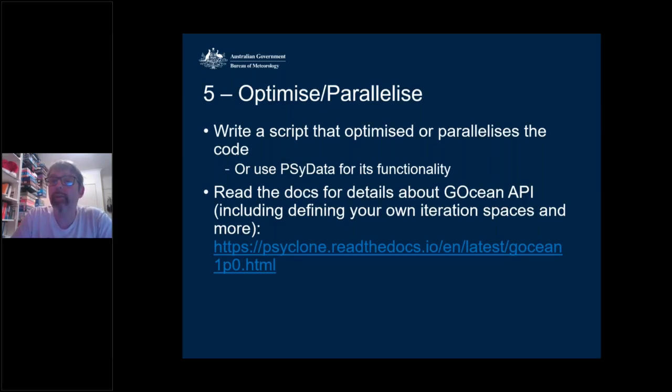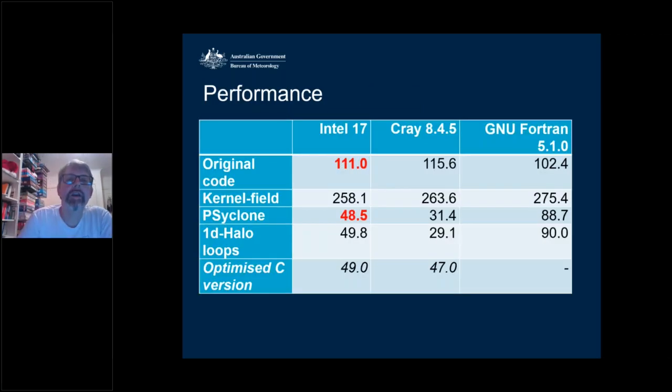This MOS code is actually very small, so I had only 6 kernels, and the optimization script or transformation script that handled it was hand-coded to work on those. So this is the URL where you can read all the details about the GOcean API if you're interested in this. And I noticed a bit late on Slack that someone is actually interested in Ocean applications.